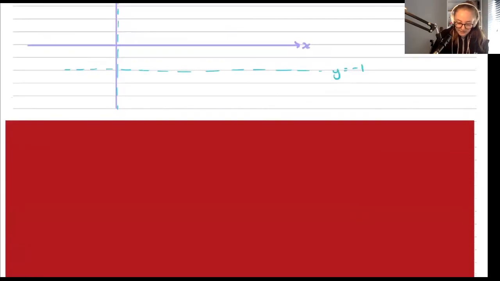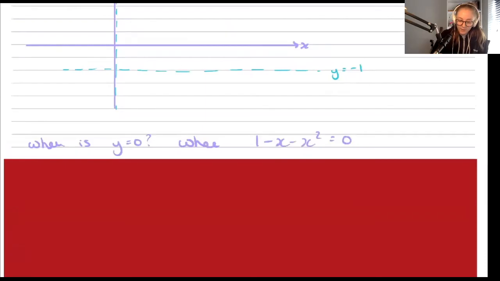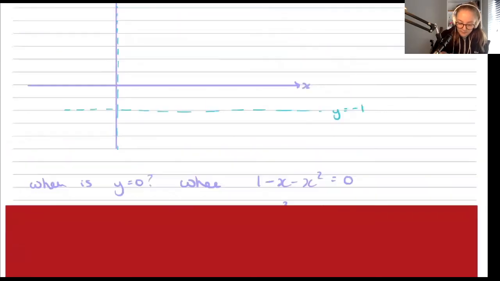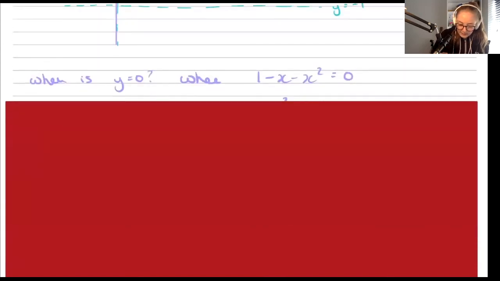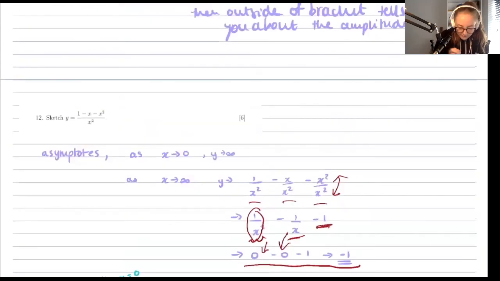Okay, so the next thing I'm going to do is find out where on the graph y is 0. So where on our graph will we get some points like this? So y is 0 when this top portion is 0, because 0 divided by anything is 0.